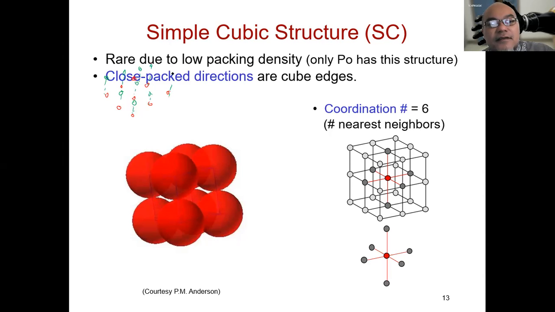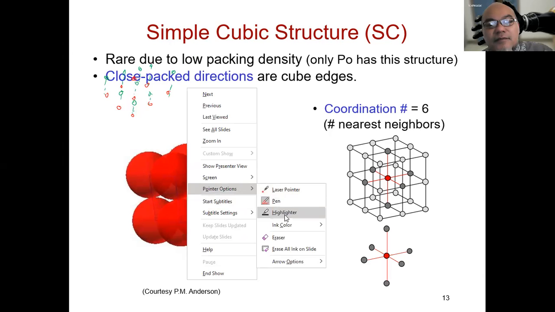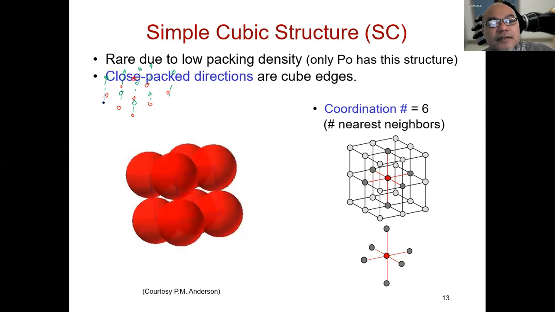And similarly, the lower layer will also be like that. Imagine it in 3 dimensions. I'm not a good drawer, so please bear with me.